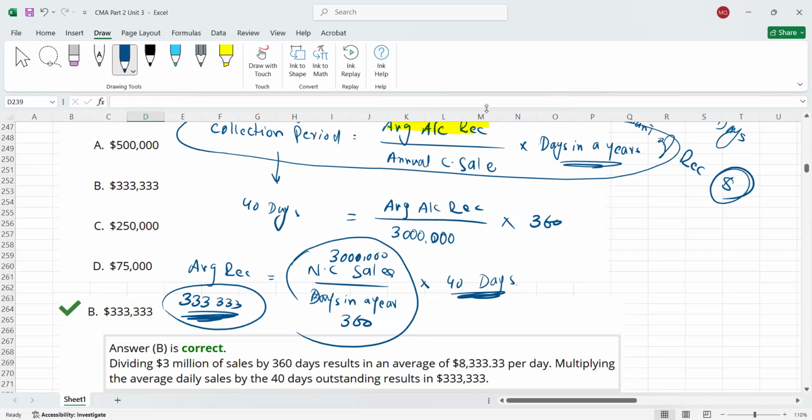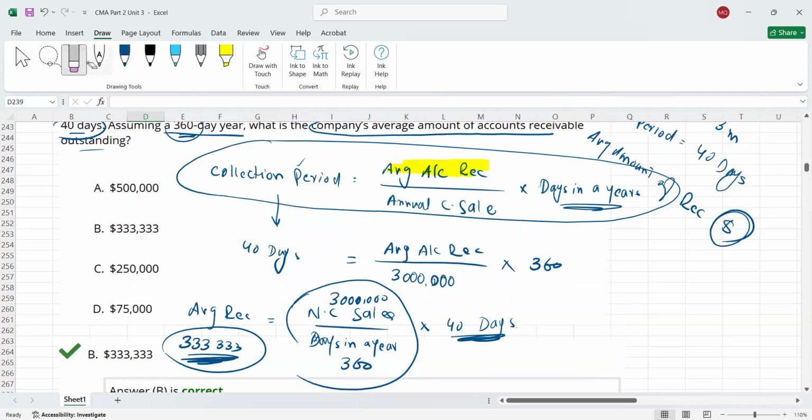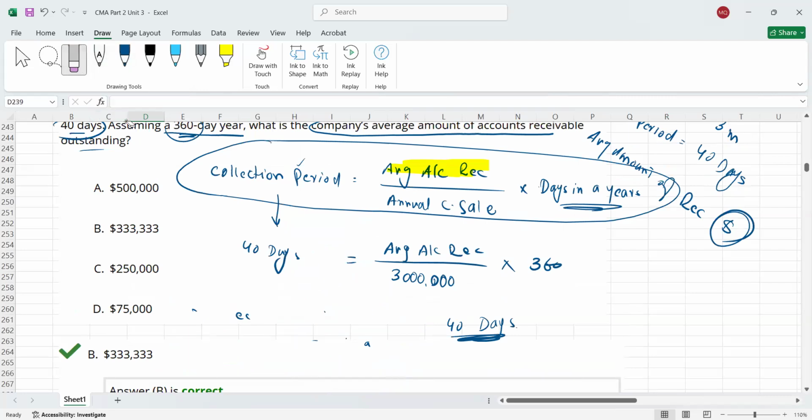There is another way. You can rearrange the formula this way also, more simple. I wrote the direct formula, but you can take this 40 days, the collection period, and bring the 360 here.